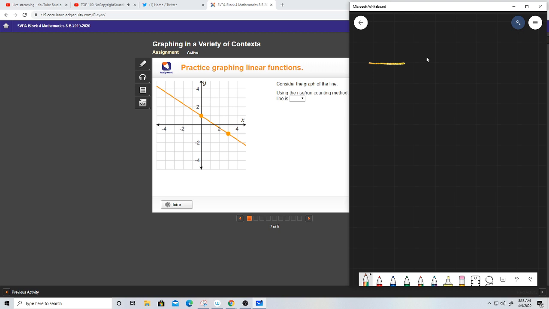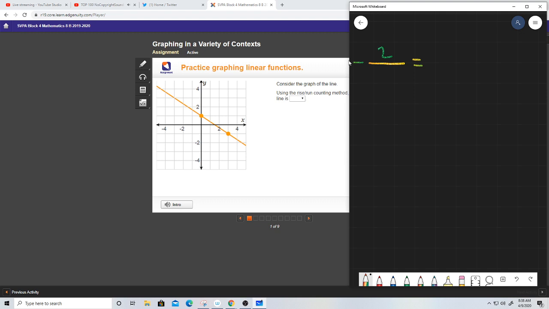But having said that, if they ever give you a graph and they ask for the slope, I would always use the counting method. The counting method is just count how many it goes up or down to get from point to point. So we're gonna go from this point to this point, right? So I'm gonna go 1, 2, and I went down. So watch, down 2.